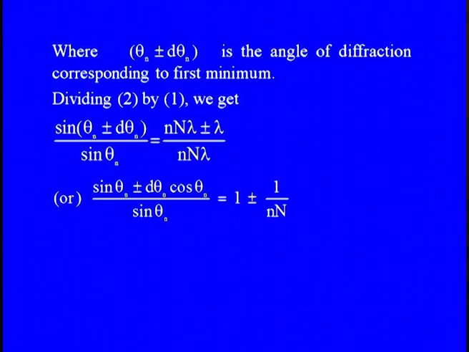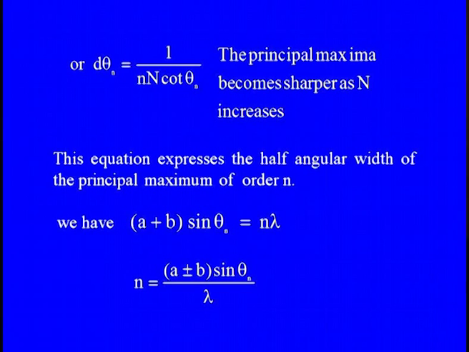So, by using the previous two equations, we can write sin(theta n plus minus d theta n) divided by sin theta n equal to small n into capital N into lambda plus minus lambda divided by small n into capital N into lambda, or sin theta n plus minus d theta n cos theta n divided by sin theta n equal to 1 plus minus 1 over small n into capital N, or we can also write d theta n equal to 1 over small n into capital N cot theta n.